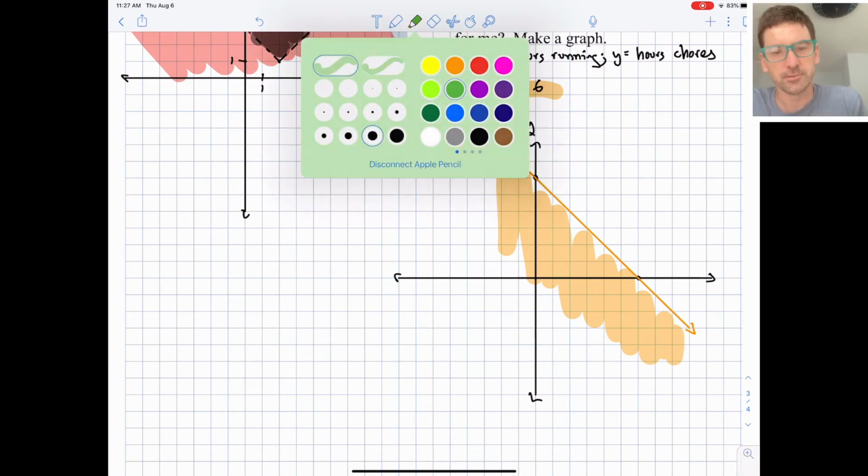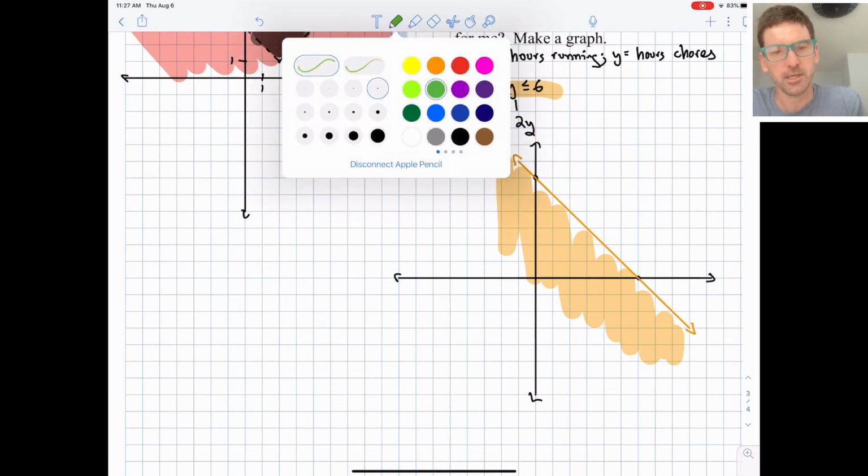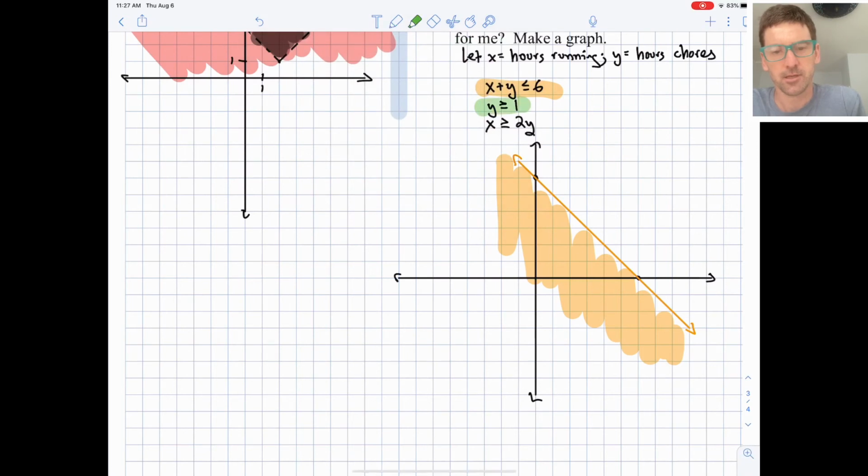Next one, for green, I had to do at least an hour of chores, so y is greater than or equal to 1. So that's going to be this line right in here, and then we can shade anywhere above it, right?